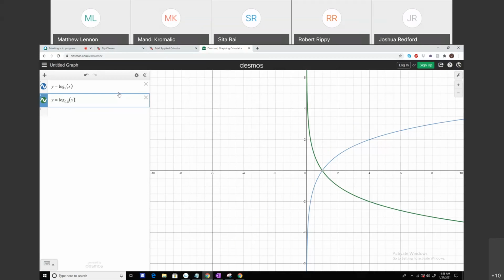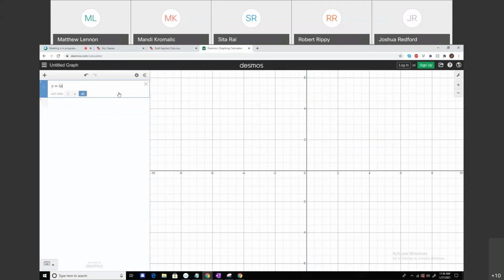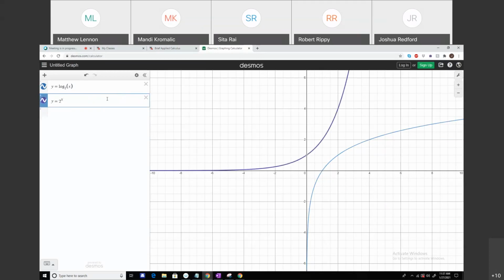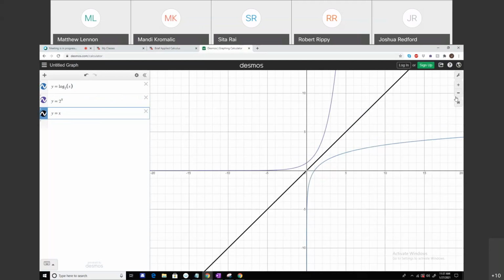So what should be the inverse function of y equals log base 2 of x? The inverse function would be y equals 2 raised to the x power. And notice that if you put y equals x up there, it is exactly a reflection of those two graphs. So that's why those would be inverse functions.